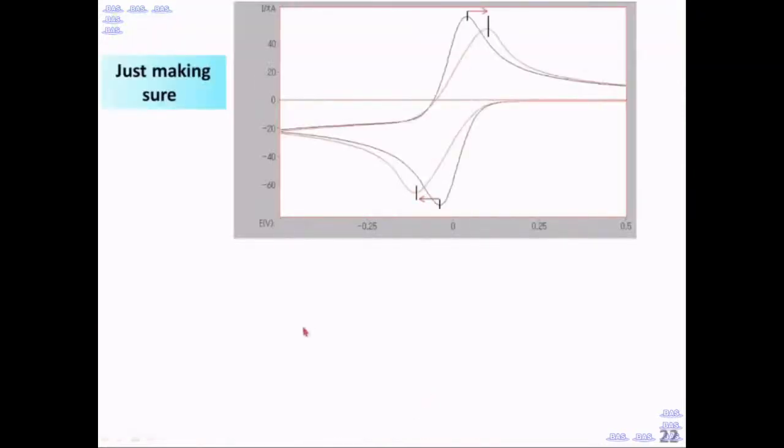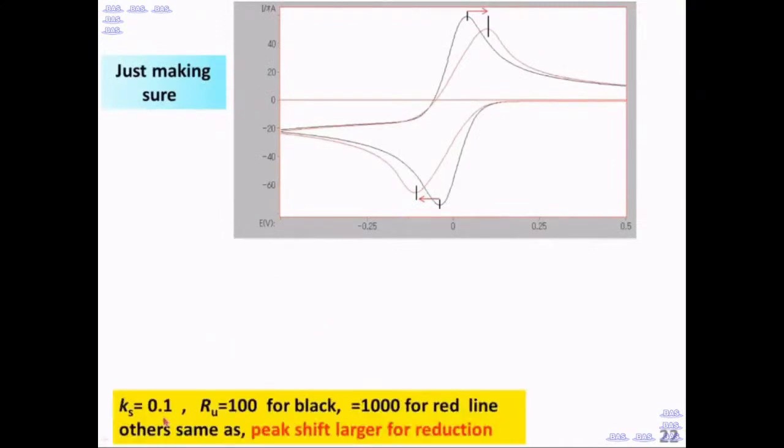Just making sure, this is another extra caution. Ks is 0.1, which is fast electron transfer.